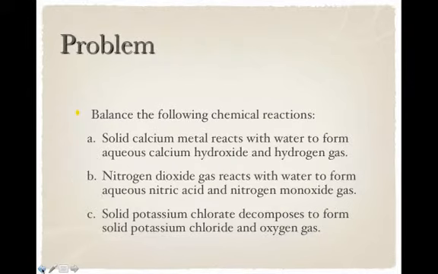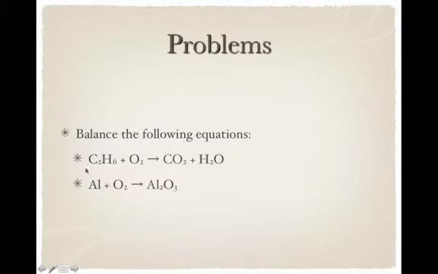Okay, Jacob's row, I want you guys to do this one. Jade's row, you're going to do the nitrogen dioxide one. Ben's row is going to do the solid potassium chlorate. And Sam's row, you're going to do this one right here.